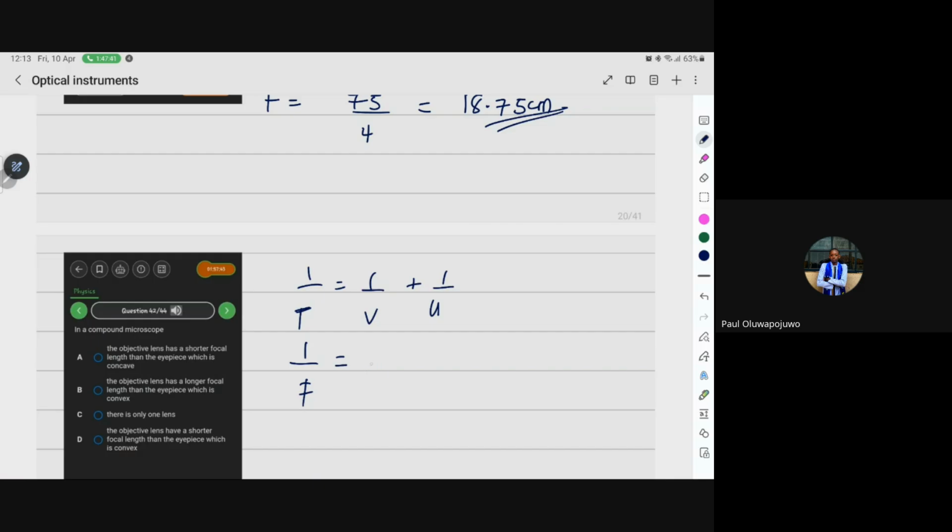Minus 1 over 75. Right. So minus 1 over 75, plus 1 over 25, gives 2 over 75, which is 37.5.